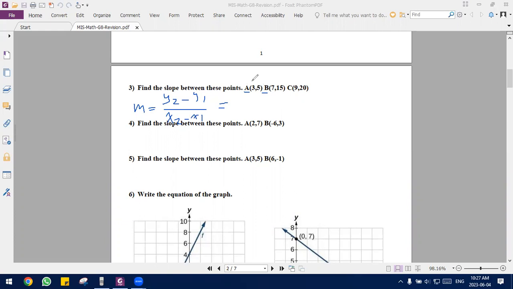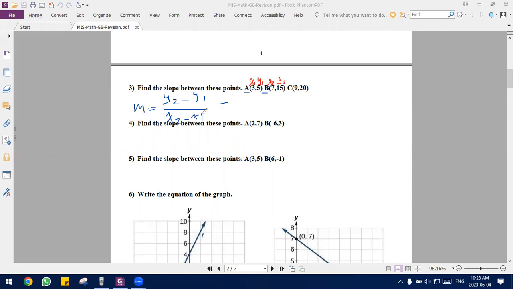But you should know that when you have a point, it has 2 values, for example, A has 3 and 5. The first value has to be x, the second value has to be y, always, as the alphabetical order, x and then y. So here also I have x and y. So let me name point A as 1, so x1, y1, and point B as 2, x2, y2.